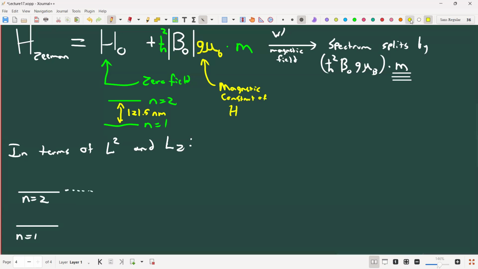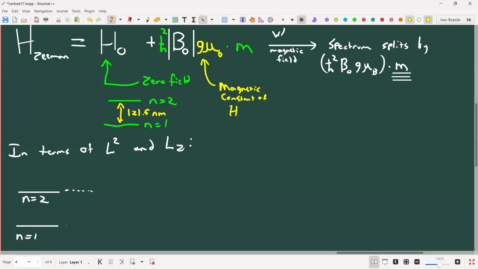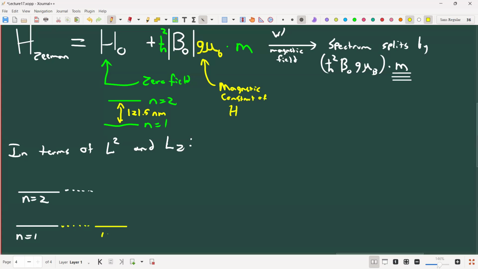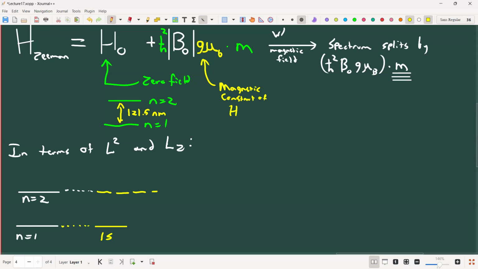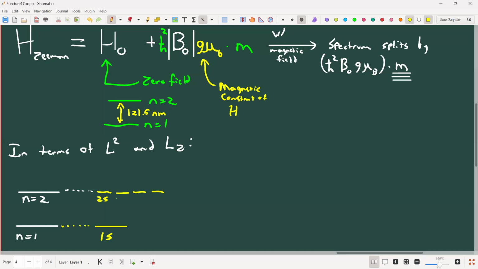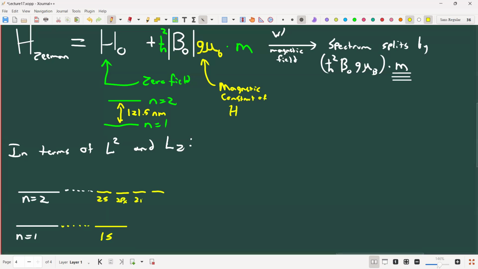From general chemistry, remember that the only orbital in n equals 1 is the 1s. So there's one orbital here, the 1s orbital. And then at n equals 2, there are 4 orbitals: the 2s, the 2px, the 2py, and the 2pz.